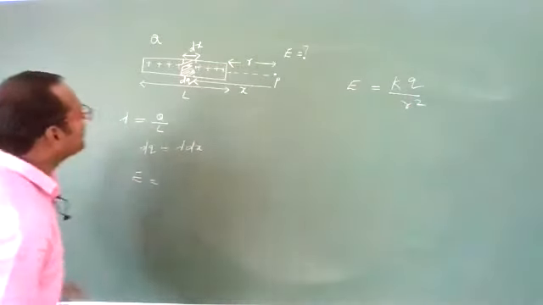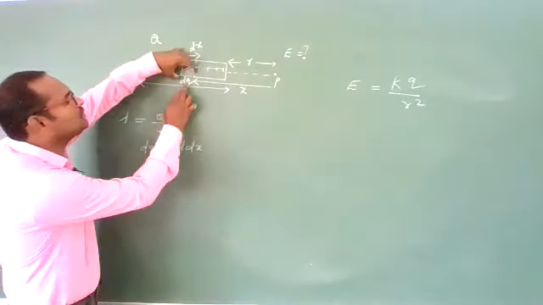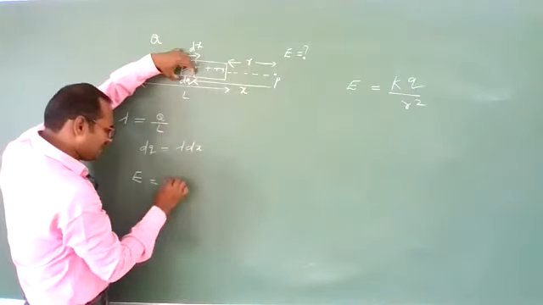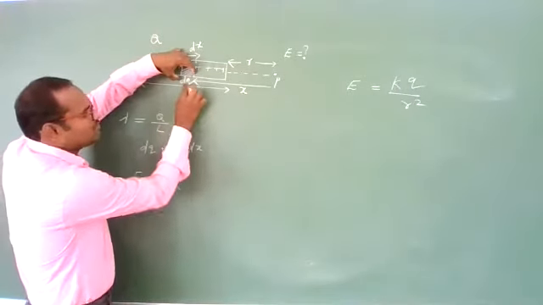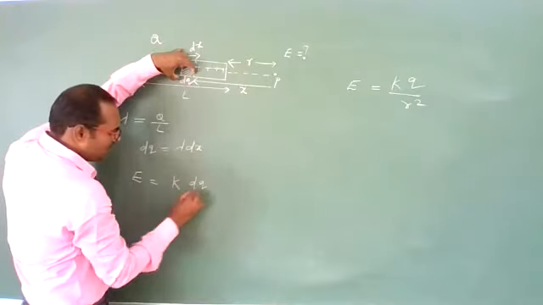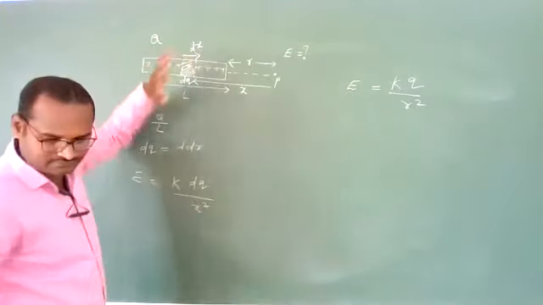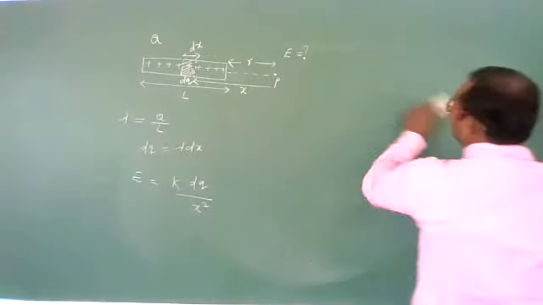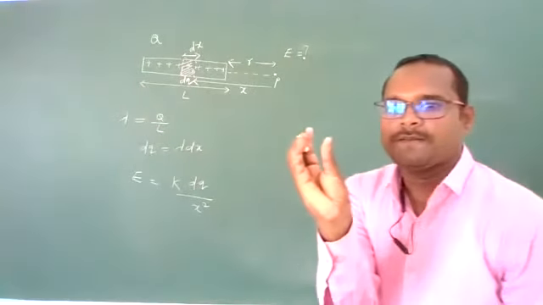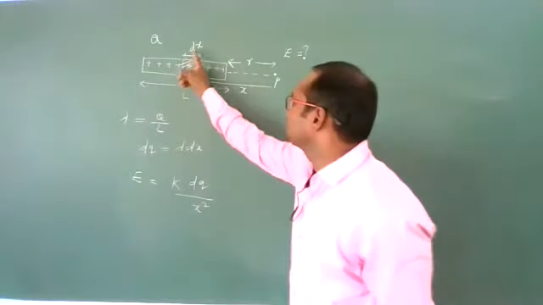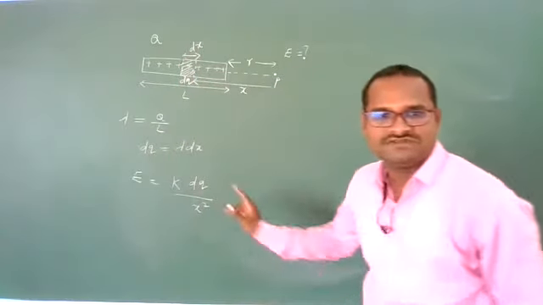In the same way, electric field due to a charge dq at a distance x is k dq divided by x square. So we have got the electric field due to a small elementary length dx having a charge dq.